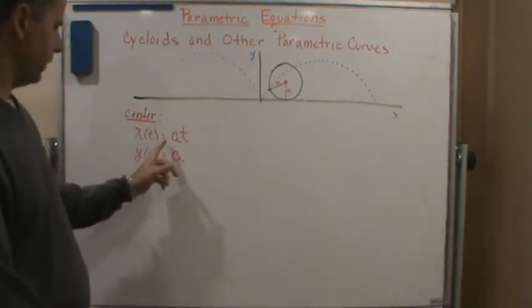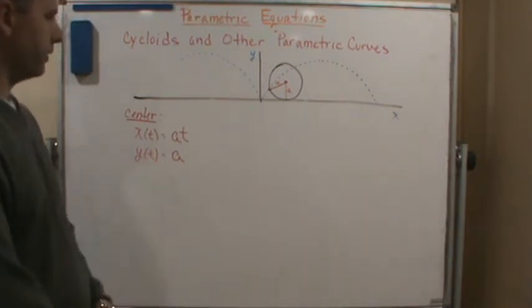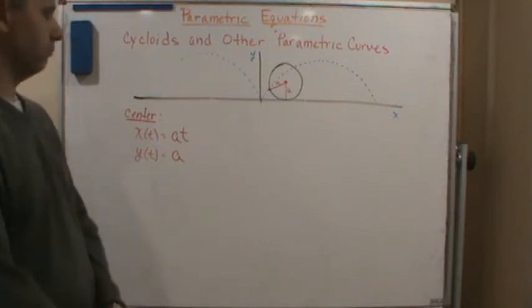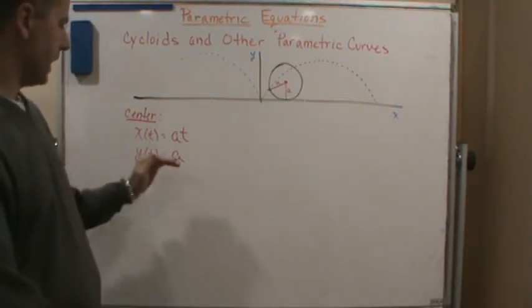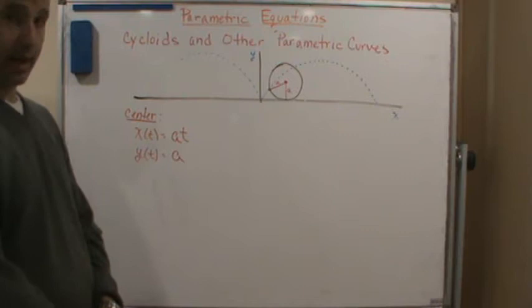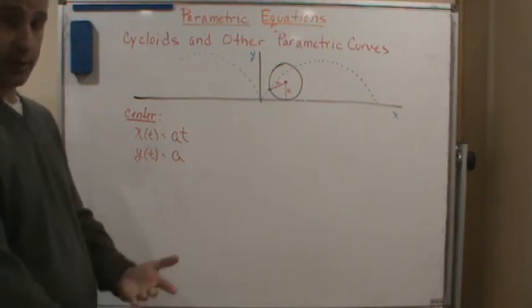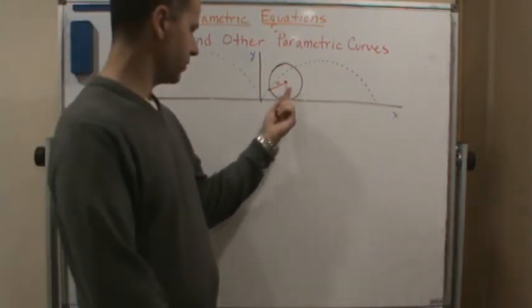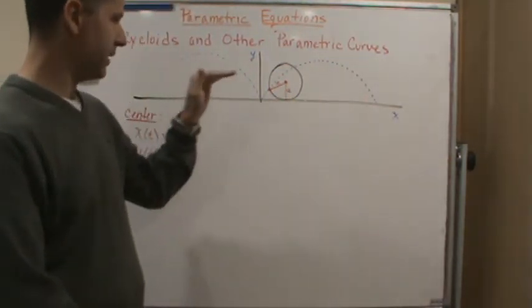So these would be the coordinates of the center for any value of t. This would tell us where the center is located at any time t, if t was time. So y of t is always the same. It's going to be A, because it's constant.